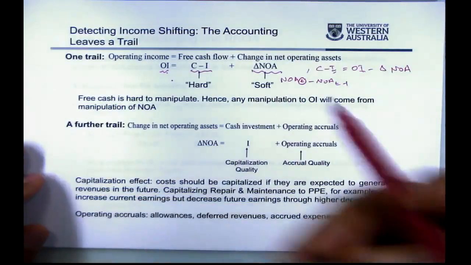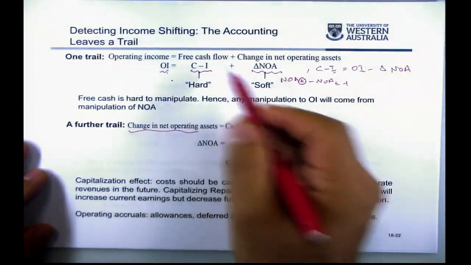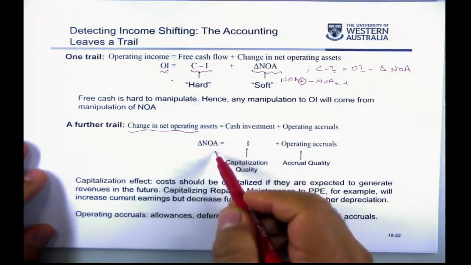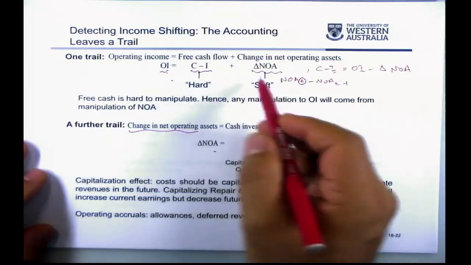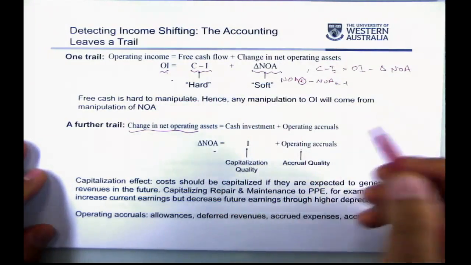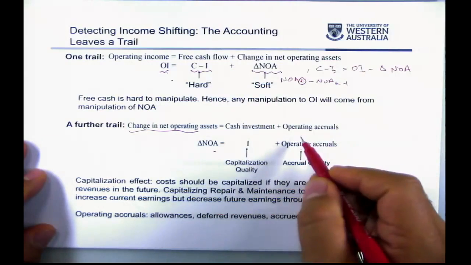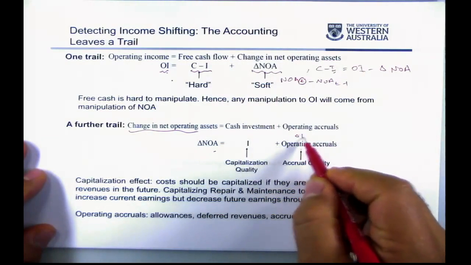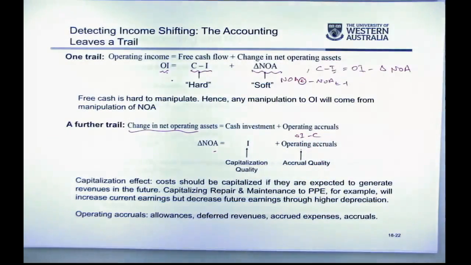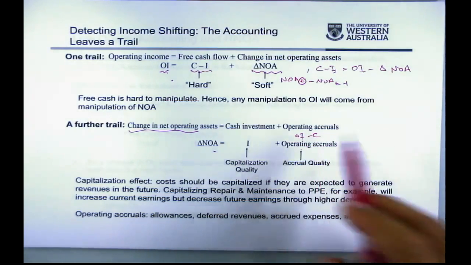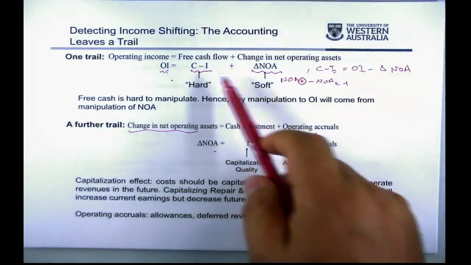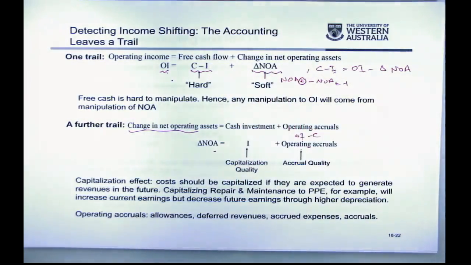A further trail is to rearrange this formula for the change in net operating assets. So just rearrange this formula, and you get this one. Operating accrual is just operating income minus C. Operating accruals is the operating income minus C. Just rearrange this formula for the change in net operating assets.